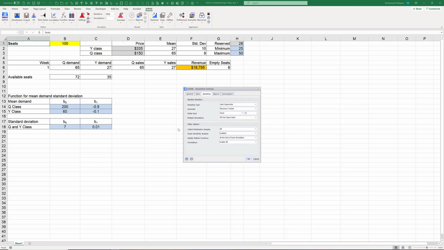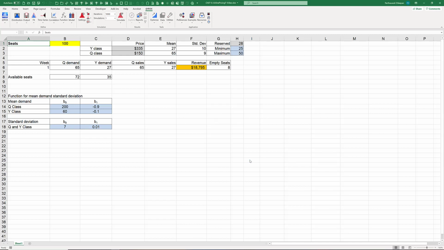The multiple CPU is important, but the initial seed, remember, you really don't want to keep a fixed seed, because the only reason you want a fixed seed is for us to be able to generate the same result so we can compare and make sure that everything is set up correctly. So okay, now that's done.